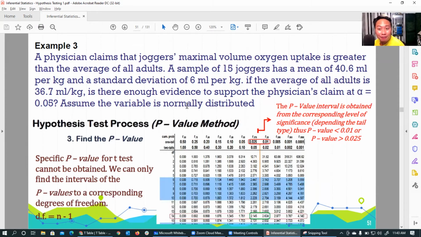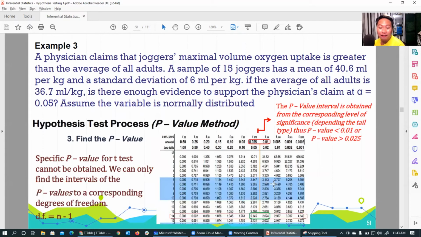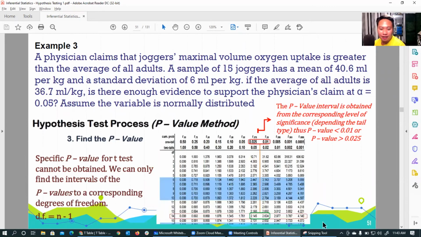The answer is on the previous part here. You look at this one here, 2.517. Where do you think it falls? Across the 14 degrees of freedom. 2.517, which interval does it belong to? If you take a look at it, it's between 2.145 and 2.624, right?